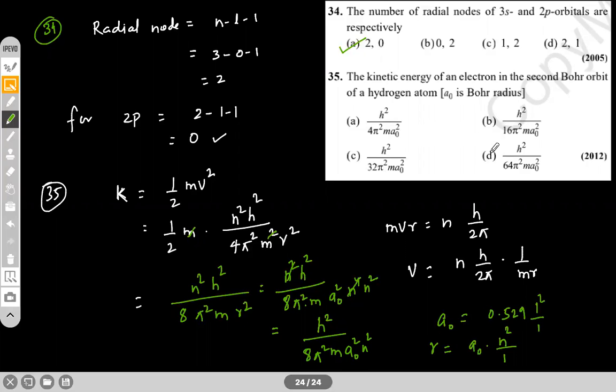H square 8 pi square m. Is there any mistake? r is A naught n square. No, r square is n square. h 4 pi square. Okay, just cross check this.